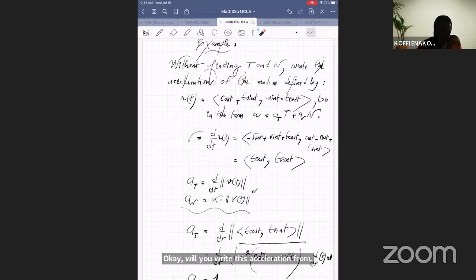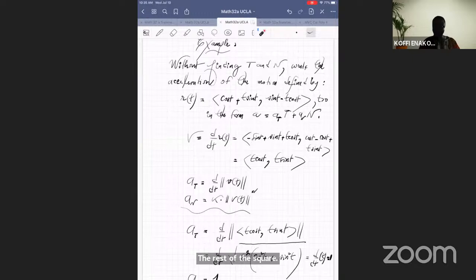We know that A_T is the derivative with respect to t of the speed. So we need the speed. And then for A_N, we need the curvature times the derivative of s with respect to t, the speed, raised to the square.